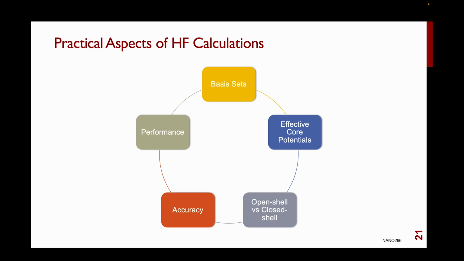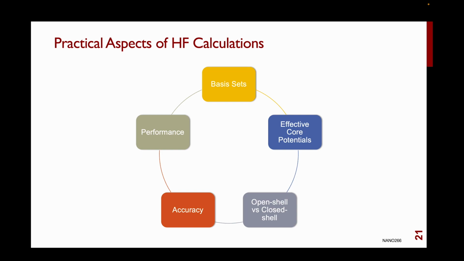You also have to think about whether your calculations are just closed shell calculations or involve open shell systems. And of course, all this affects the performance of your calculations, in terms of how expensive your calculations are, as well as the accuracy of the final result that you get. So these are the 5 components.